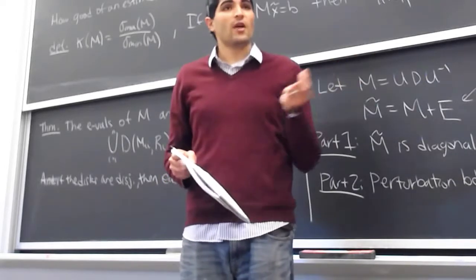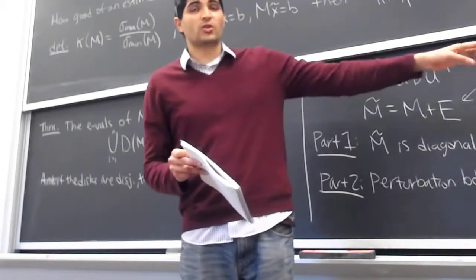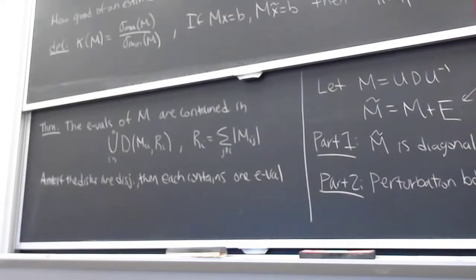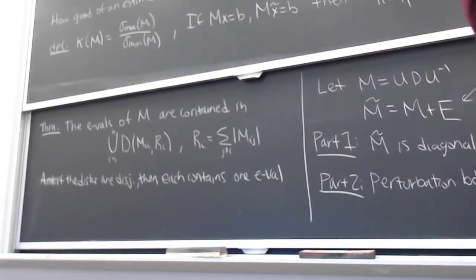And maybe those eigenvalues just happen to be the same, and then that wouldn't be a strong enough conclusion to necessarily conclude it's diagonalizable. But the fact that Gershgorin's theorem can be strengthened to the statement that when the disks are disjoint, each disk contains one and only one, that's enough to guarantee that M tilde has distinct eigenvalues. So that's the point.